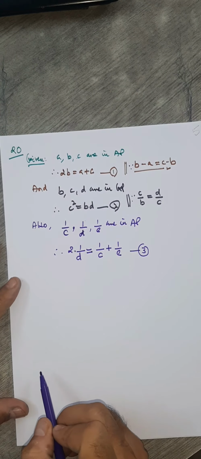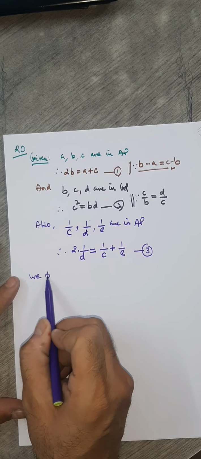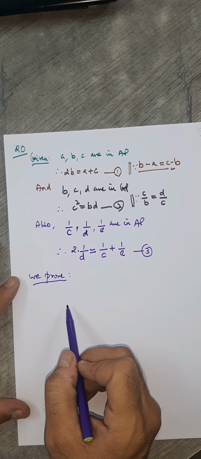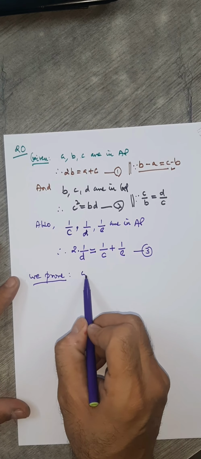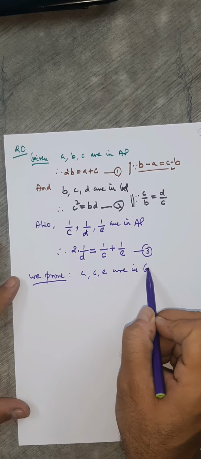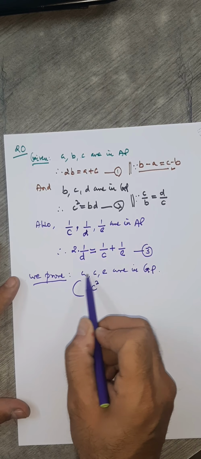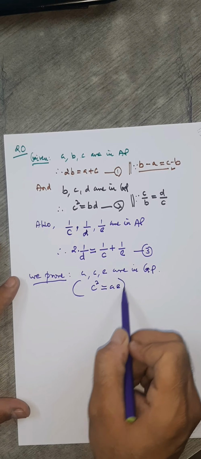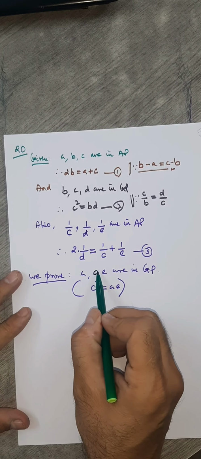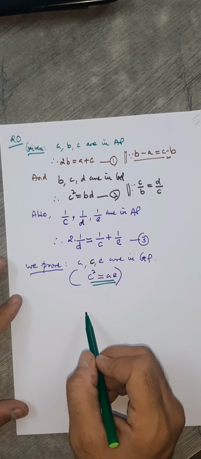What we are asked to prove is that A, C and E are in geometric progression. So what you need to prove is C² equals A into E, the square of the middle one equals the product of the other two.